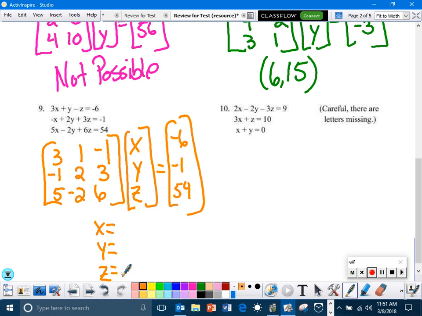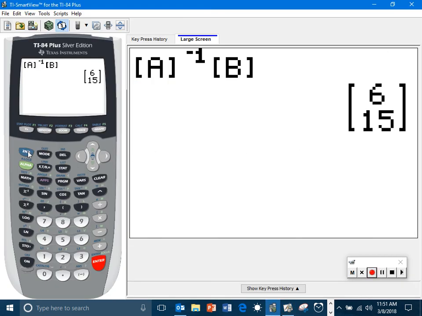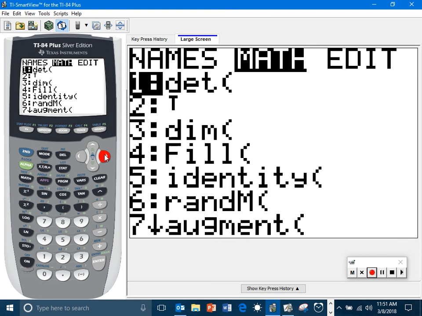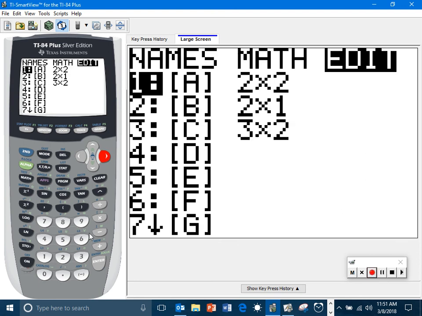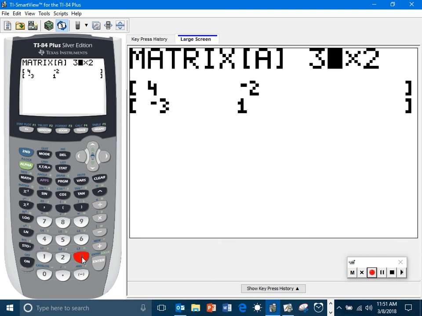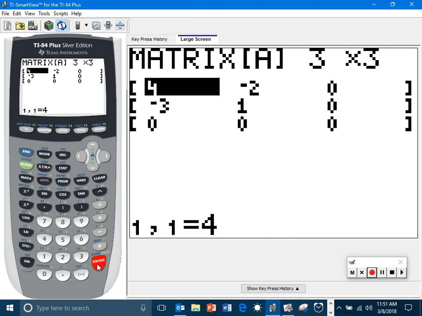Okay, so now we're going to have to change our dimensions. So now we've got a 3 by 3, 3 rows, 3 columns.